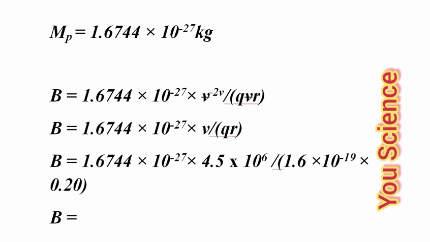That's going to give us 7.5348 exponential minus 21, divided by 1.6 exponential minus 19 times 0.2. That will give us 3.2 exponential minus 20.